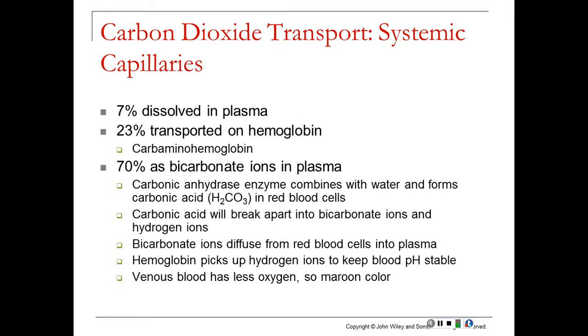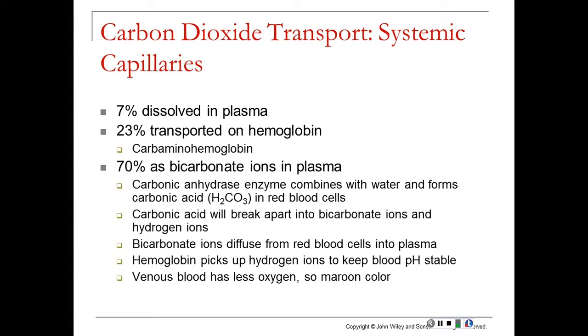An enzyme called carbonic anhydrase combines carbon dioxide with water and forms a molecule called carbonic acid. Carbonic acid then breaks apart into bicarbonate and hydrogen, and those bicarbonate ions diffuse from the red blood cells into the plasma. The hemoglobin can then pick up extra hydrogen ions to help keep the blood pH stable.